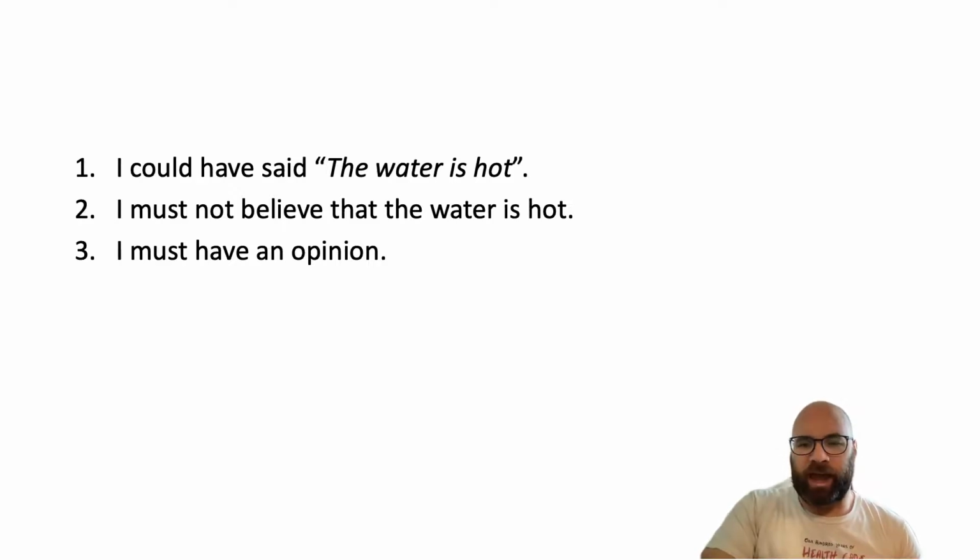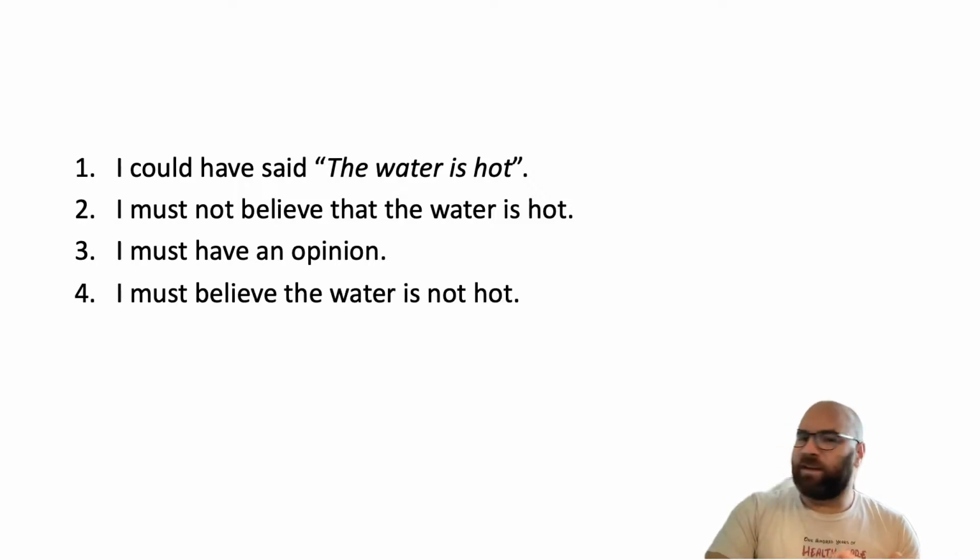So if you assume that I have an opinion one way or the other, then you can do the last step. The last step is saying, okay, based on step 2, I must not believe that the water is hot. And step 3, I must have an opinion one way or the other. So I can't just have no idea. So if I have an opinion and I don't believe the water is hot, there's only one possibility left. And that last possibility is I believe the water is not hot.